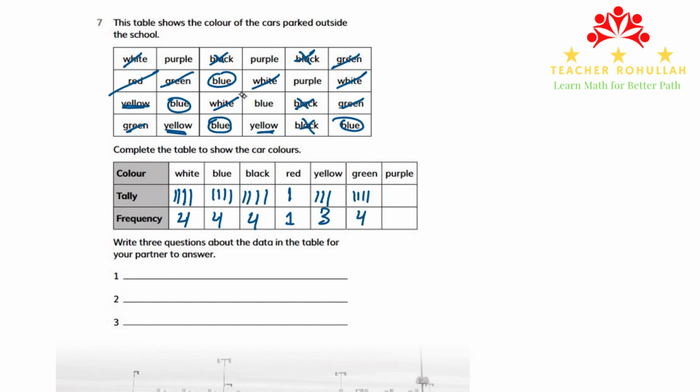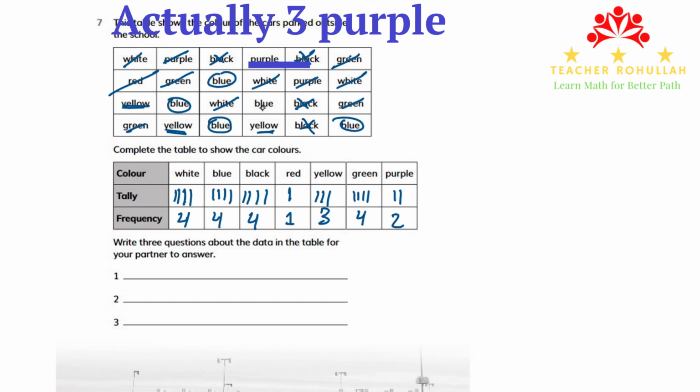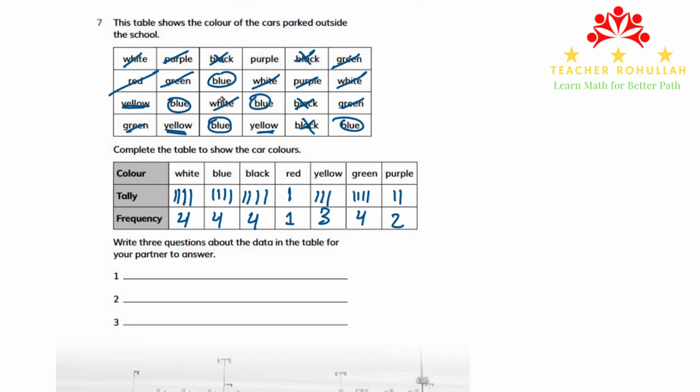How many purple? 1, 2, so we have 2 purple, and 1 blue is also left here. So how did I show blue? I circled them. 1, 2, 3, 4, 5. So for blue we have 5, and here also 5.